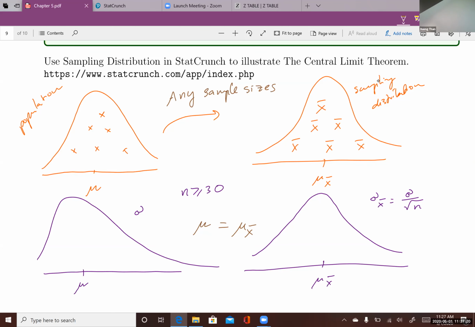But if you have a non-normal distribution for the population, then in order for the sampling distribution to be normally distributed, the sample size has to be at least 30.